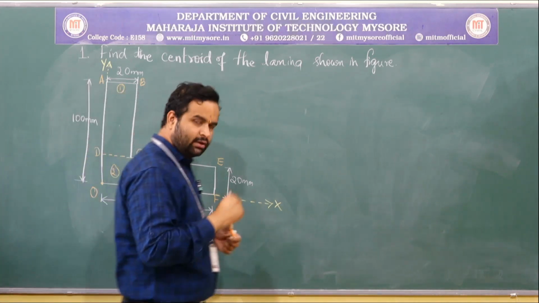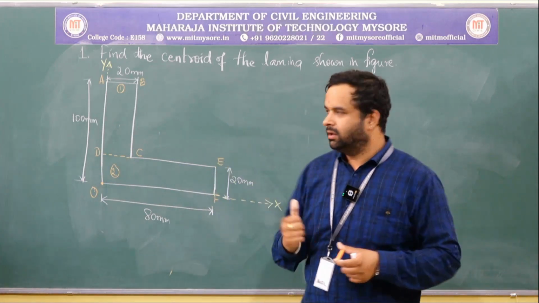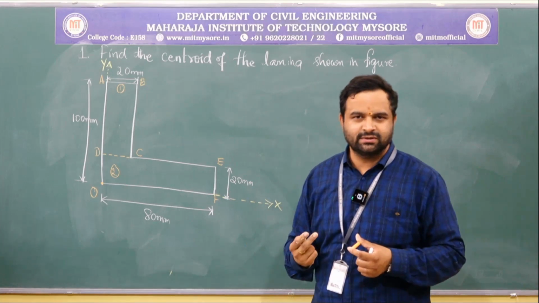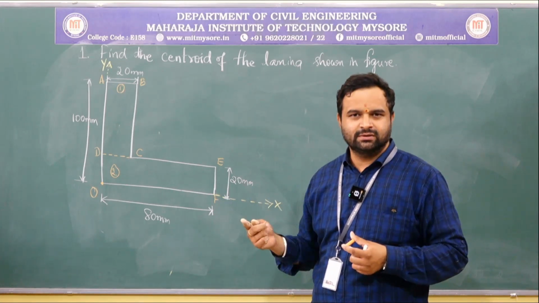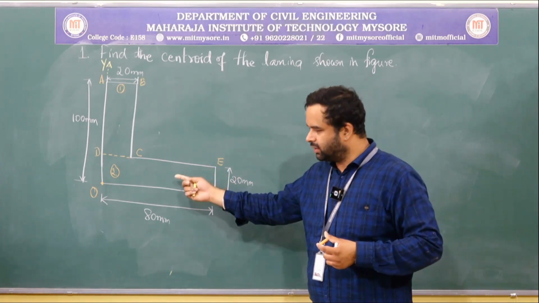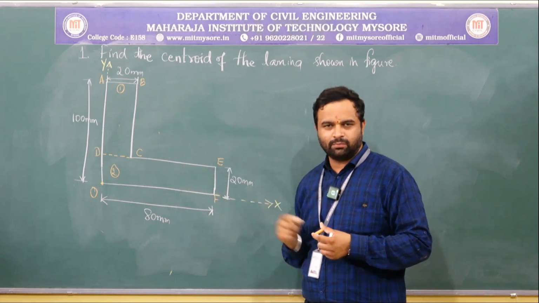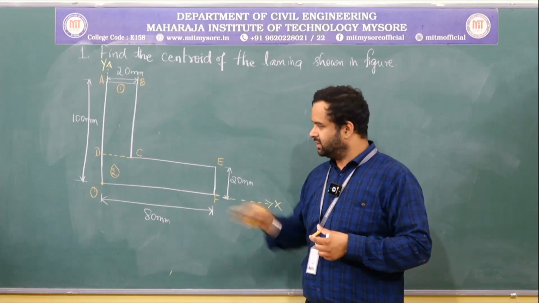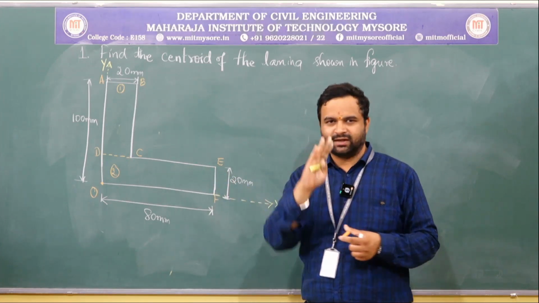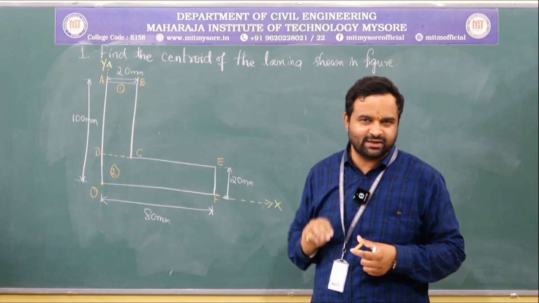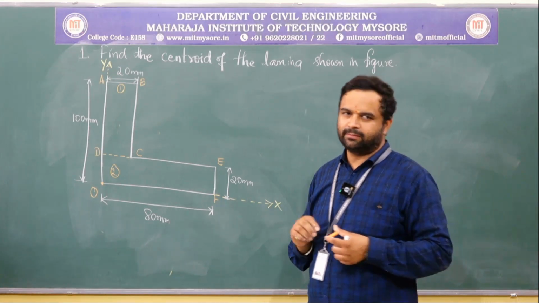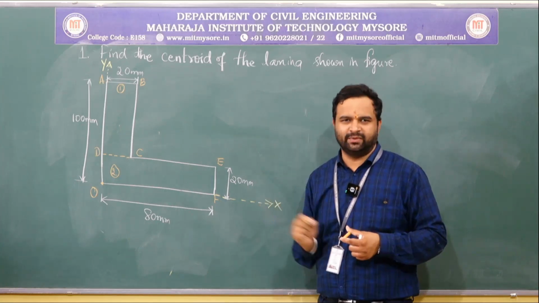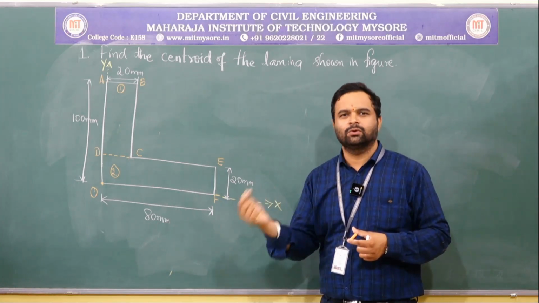As I said, the first step should be finding out any axis of symmetry. The second step is write the referral axis, and you have already divided this into a number of known components whose centroidal values are known to you. This is a rectangle, and you know the rectangle centroid lies exactly at center. Always try to follow x into y dimension, horizontal into vertical.